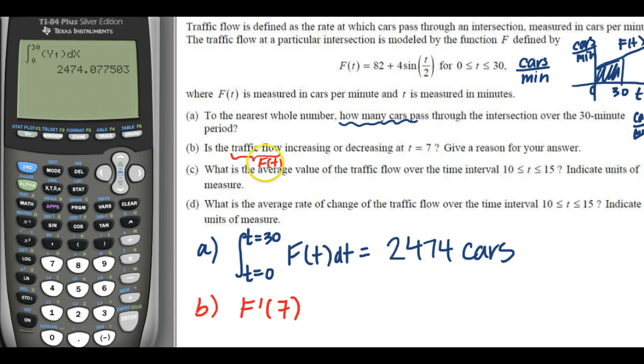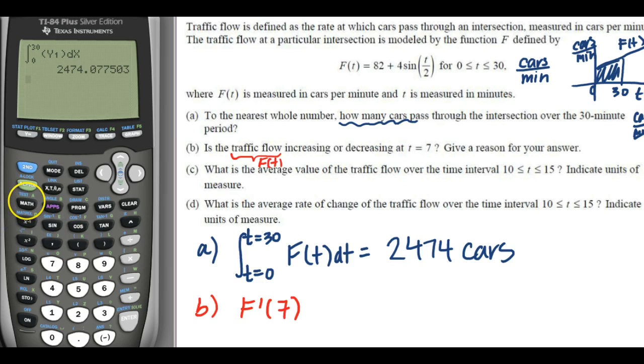Is the traffic flow, the function f of t, increasing or decreasing at time 7? We're really asking ourselves, is the derivative positive or negative at time t equals 7? And because this is a graphing calculator problem, again, we can do this on the calculator, and we've already stored the function big F as y1.